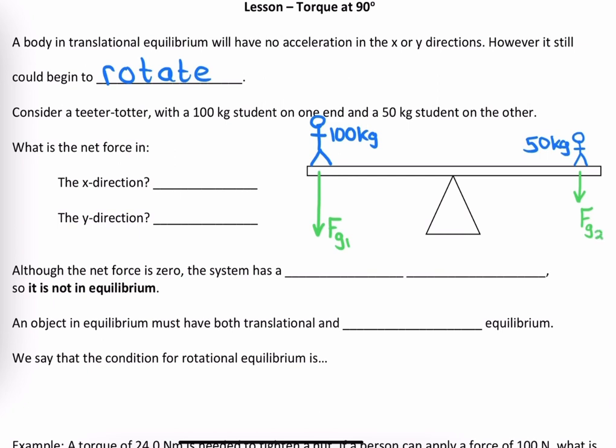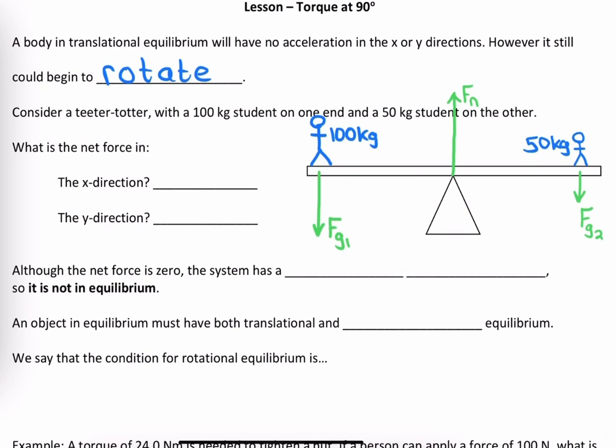Now those are not the only forces acting on this teeter-totter. The fulcrum or the support here is going to be holding the teeter-totter up, stopping it from accelerating downwards. So we can draw that force. It'll be going up like this. And we'll call that the normal force. Now, what you know about teeter-totters probably tells you that no matter how you set up a teeter-totter, it's not going to start levitating off the ground and accelerating up into the air, right?